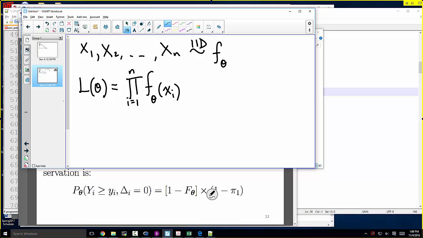And a maximum likelihood estimator, theta hat, the MLE, is the value of theta that maximizes the likelihood. So we're searching for choices of the parameters that make this likelihood, which is roughly speaking like a probability of seeing our data, biggest. Which parameter choices are most consistent with the data we saw?